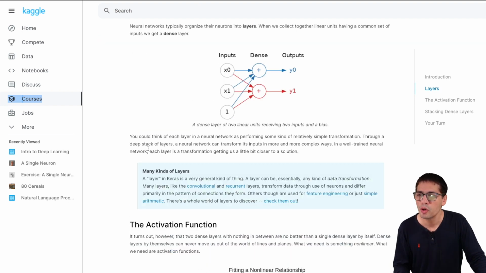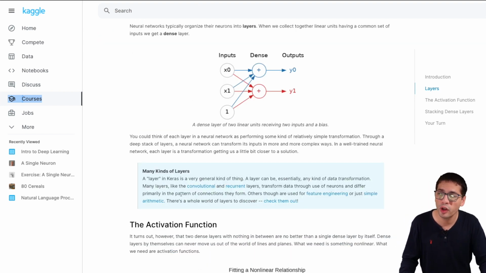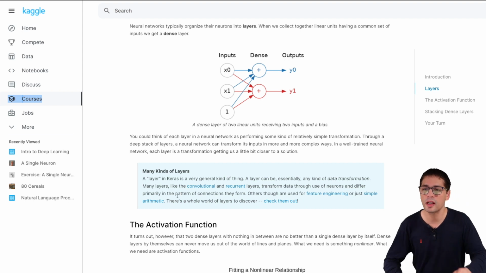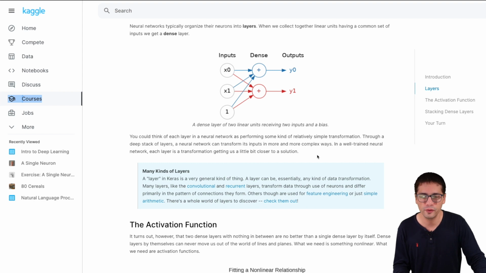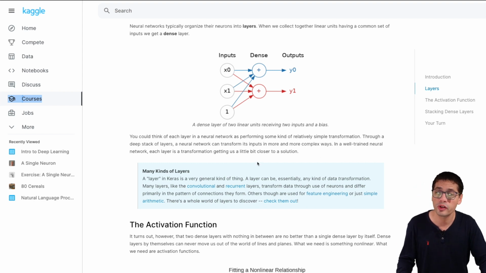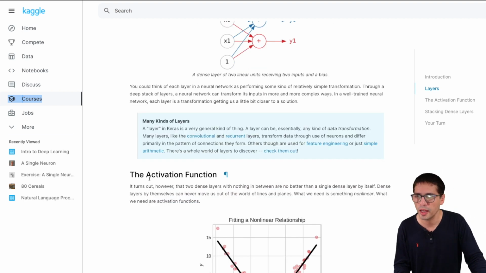Right, so you could think of each layer in a neural network as performing some kind of relatively simple transformation. Through a deep stack of layers, a neural network can transform its inputs in more and more complex ways. In a well-trained neural network, each layer is a transformation getting us a little bit closer to a solution. Many kinds of layers.